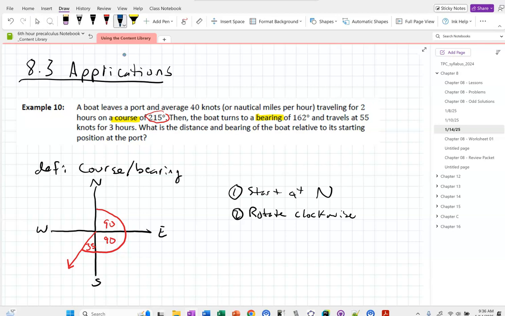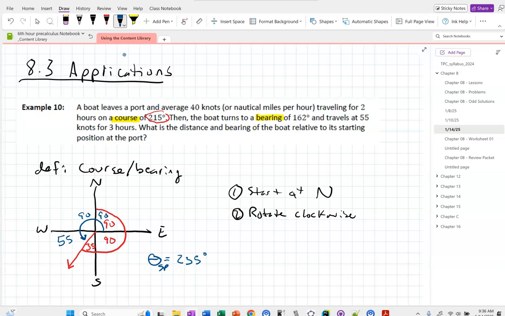For a standard position angle, we know we start on the positive x-axis and go counterclockwise. So that's 90, and the second quadrant's 90. And then how much left do I have in the third quadrant? 55, 90 minus 35. So my standard position angle should be 90 plus 90 plus 55, so 235.